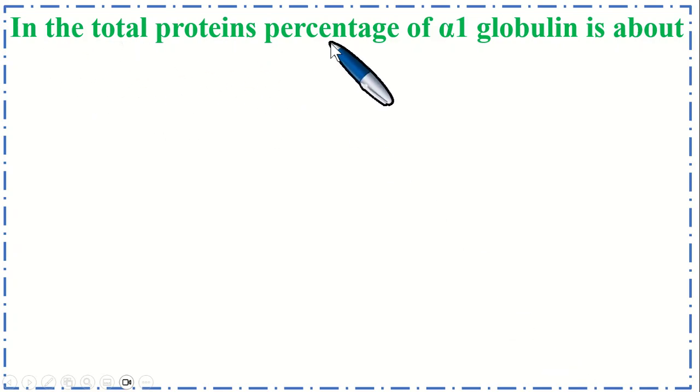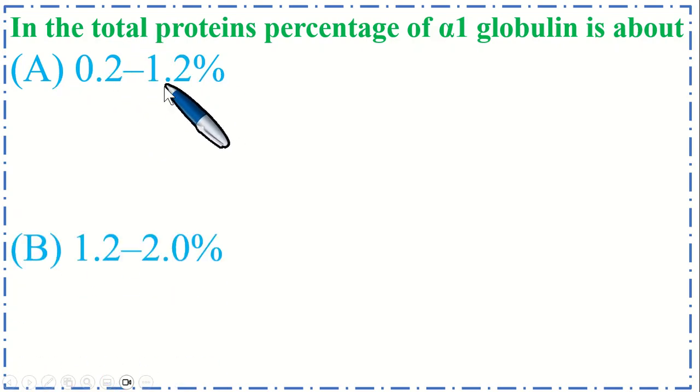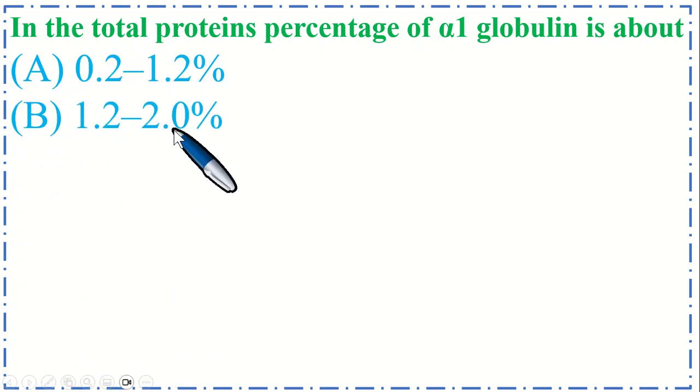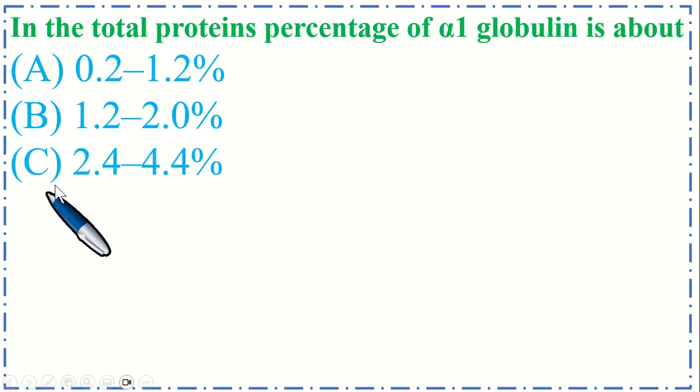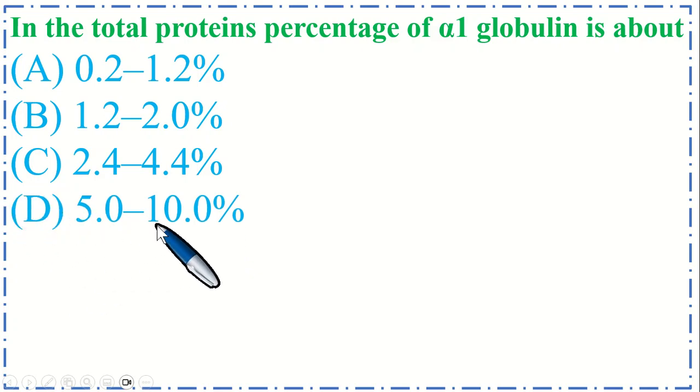The total protein percentage of alpha 1 globulin is about: option A, 0.2 to 1.2%; option B, 1.2 to 2.0%; C, 2.4 to 4.4%; and option D, 5.0 to 10.0%.